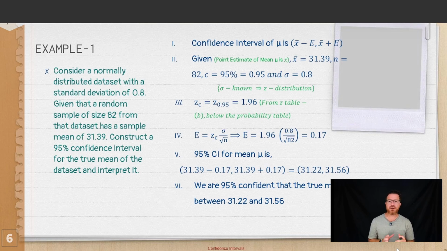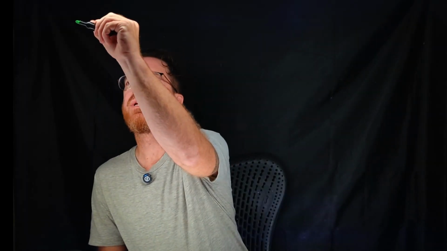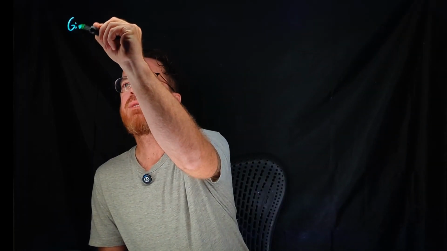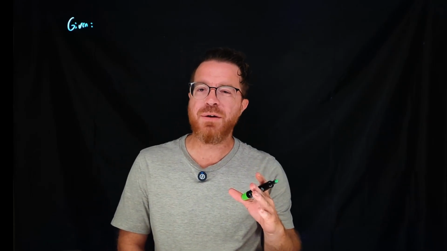So first things first, we're going to write down our given information. From this problem, we know that we're doing a confidence interval and that we have a standard deviation of 0.8. Now you might wonder, how do we know if sigma is known? The general rule of thumb is that if it comes from your sample data set, then it's S, but otherwise we treat it as sigma.